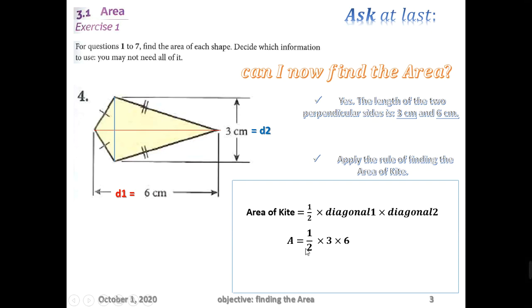Divide the 2 by 2, it's 1. Divide the 6 by 2, it's going to be 3. So 3 times 3 comes down to 9. And since each dimension on this diagram is in centimeters, the answer will be 9 centimeters squared. Again, the measurement unit of any area is millimeter squared, centimeter squared, meter squared, kilometer squared, and so on.